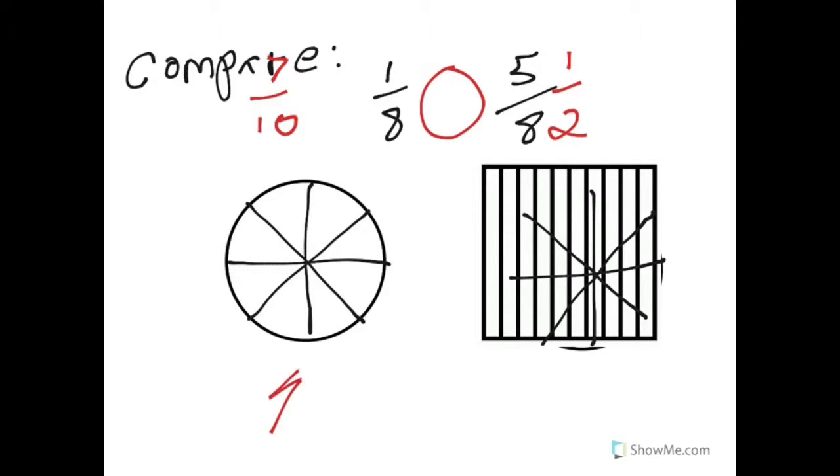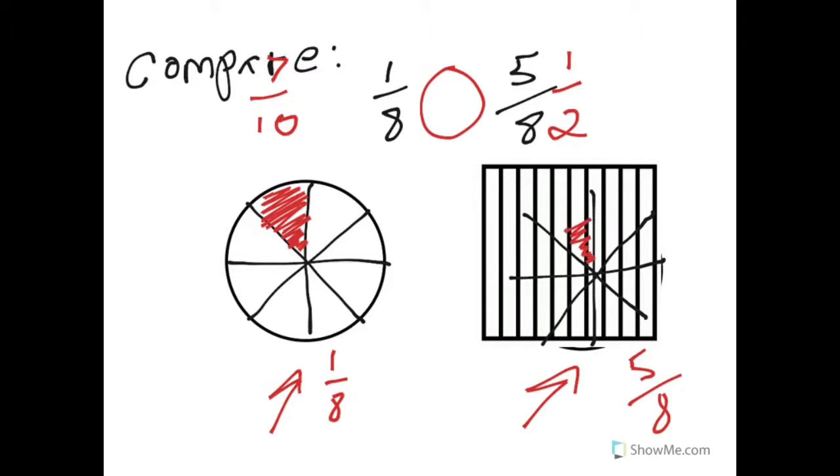Well, down below, I've already added a couple of pictures that we can use to illustrate which one is greater. Here I have, looks like a circle, kind of like a pizza, cut into eighths. I'm going to color in 1/8. I colored in 1 of the eighths. Over here, I'm going to color in 5 of the eighths.